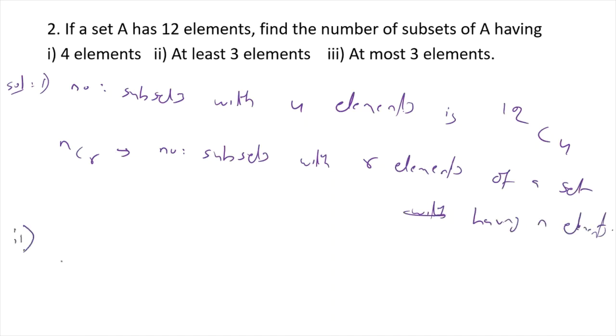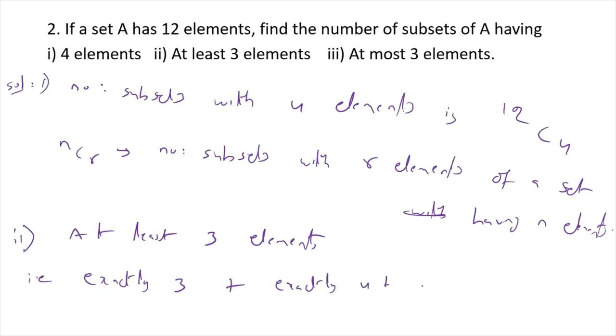Now let us answer the second one. Second one is at least 3 elements. At least 3 elements means exactly 3 plus exactly 4 plus exactly 5 plus so on up to exactly 12. So you have to add up all these things.